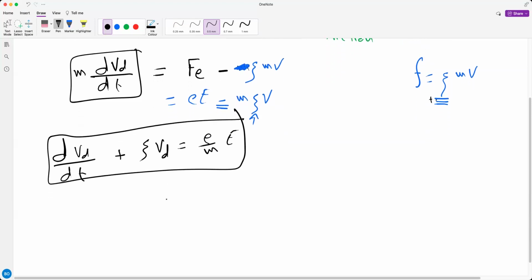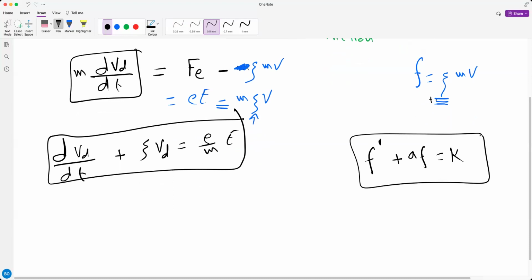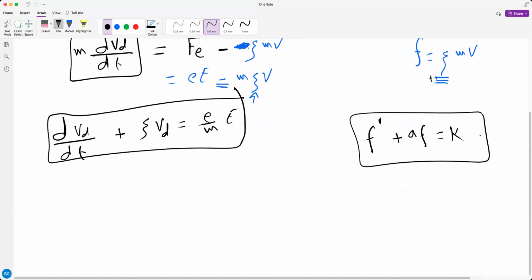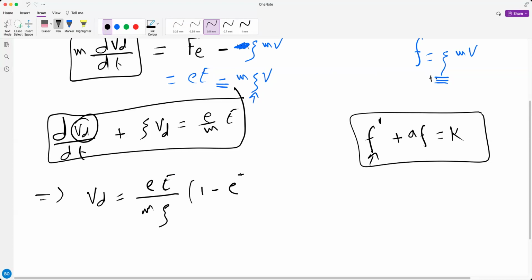This is just a differential equation of the type that you have seen in calculus, which is f prime plus af is equal to k. And the solution of this, v here, is equal to E over m zeta, times 1 minus exponential of minus t zeta.